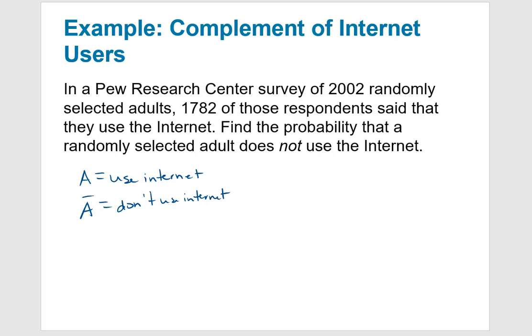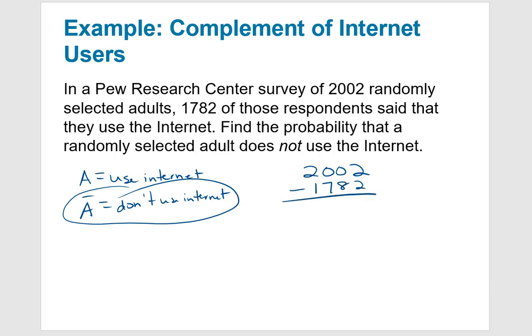All right, so you need to find the complement, right? We need this. This is what we're looking for. So there's 2,002 people. 1,782 of them said that they do. So if I subtract that, that will be the complement. Notice, when I add these together, this plus this is A, this is A bar, right?